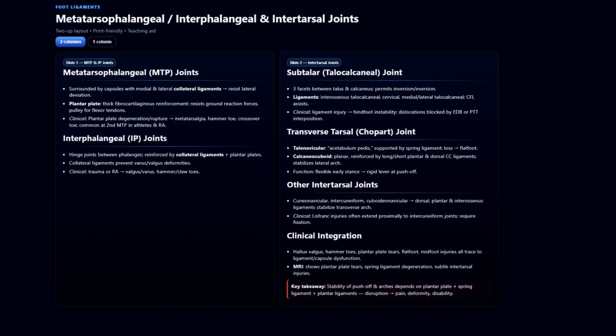Together, they prevent abnormal motion and help stabilize the lateral longitudinal arch. When the calcaneocuboid joint is injured, such as in midfoot fractures or dislocations, patients often develop chronic lateral foot pain due to instability. Functionally, this joint, along with the talonavicular joint, determines whether the foot is flexible or rigid during gait.